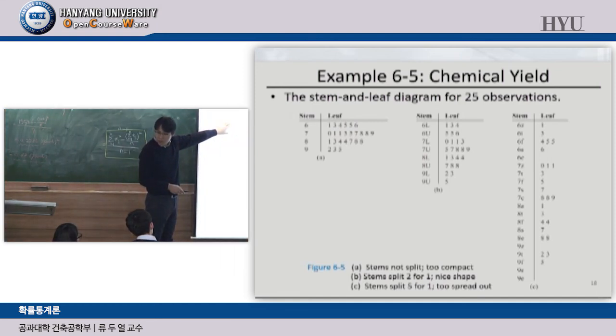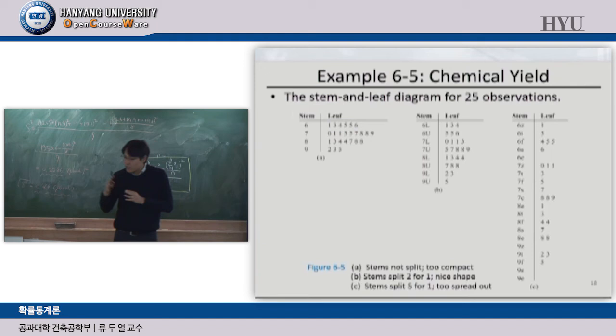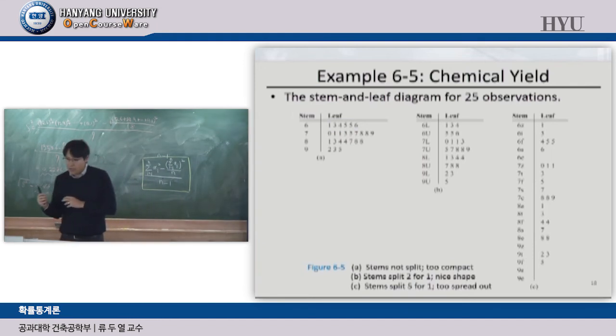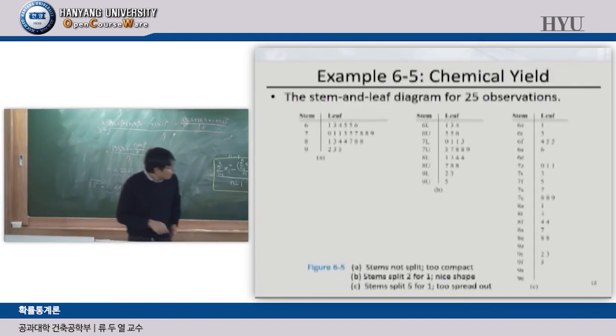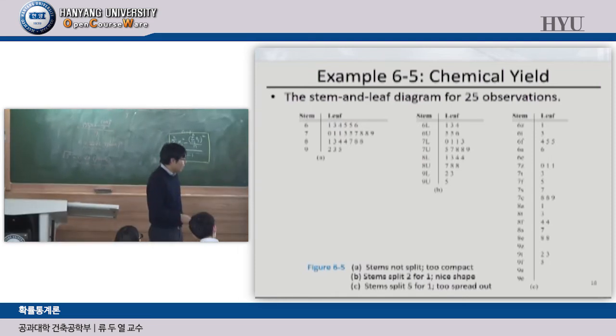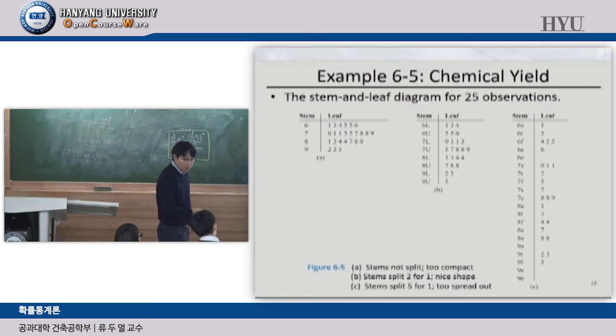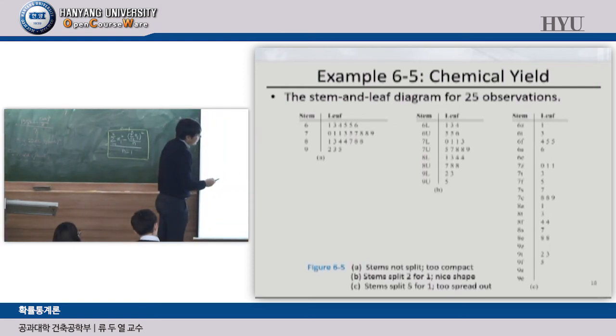It is quite difficult to determine the range of the data points which has the most data points. So, we divided the stems by 2, based on the L and U. L is the lower stem, and U is the upper stem, based on the previous definition. So, we can split the stems like here.